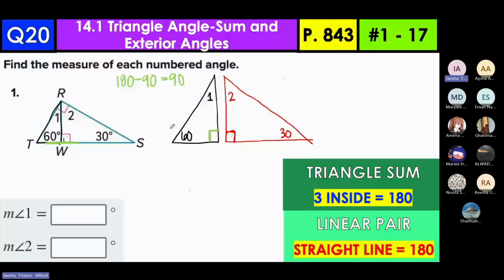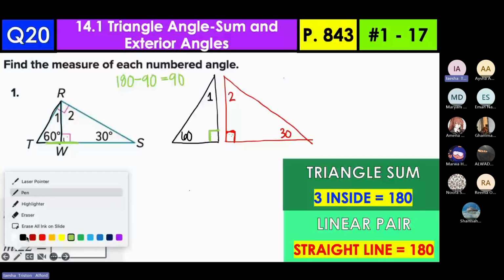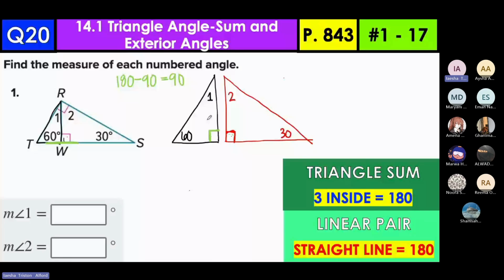This is a writing question. You are to write your equation and solve it. So for the black triangle, the triangle sum, what should be the equation? 60 plus 90 plus x equal 180. That's it.